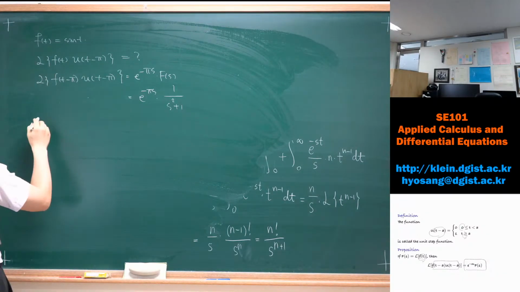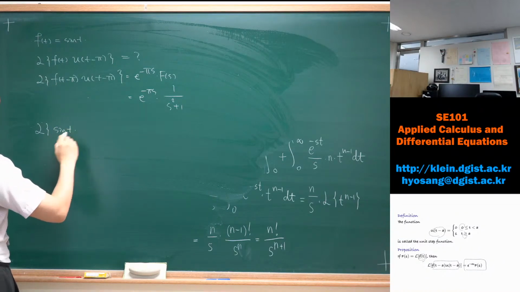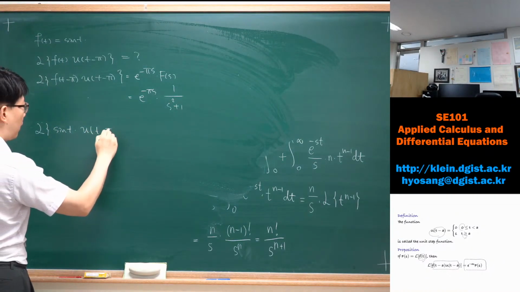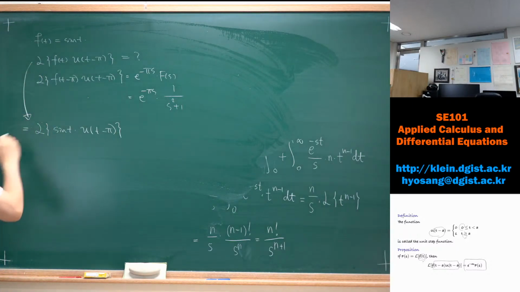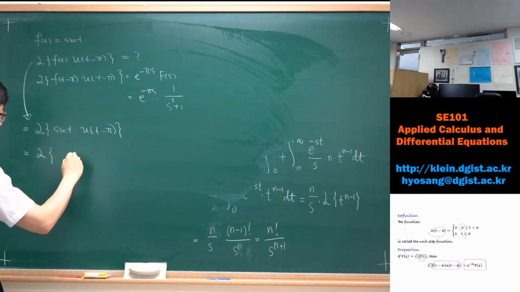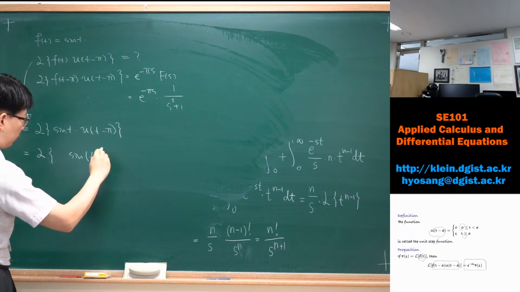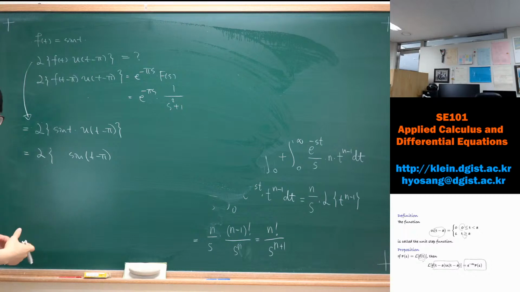It's the Laplace transform of sine t times u of t minus pi, and I want to rewrite that in terms of sine of t minus pi. The reason I use sine is that if I shift my sine by pi, it's still a sine function, but the sign changes.